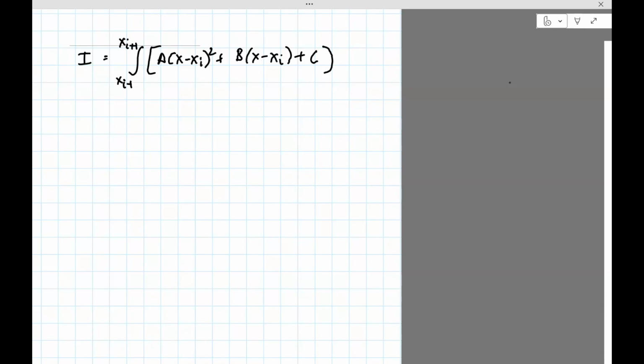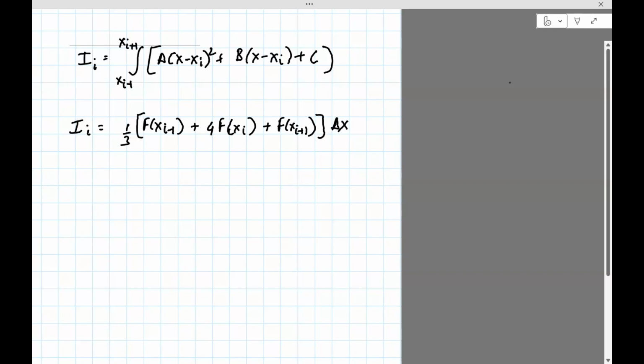You end up with I, and let me call this I of i, where i denotes that the center point is i. So I of i is 1/3 of f of xi minus 1 plus 4 times f of xi plus f of xi plus 1, times delta x.